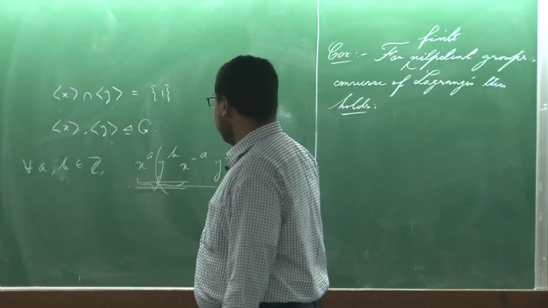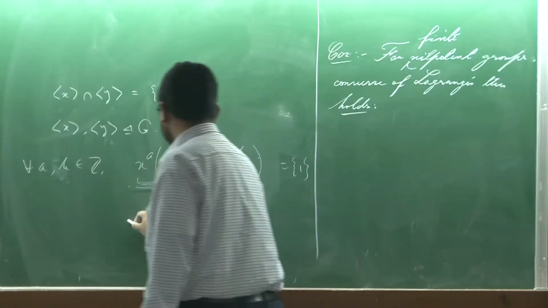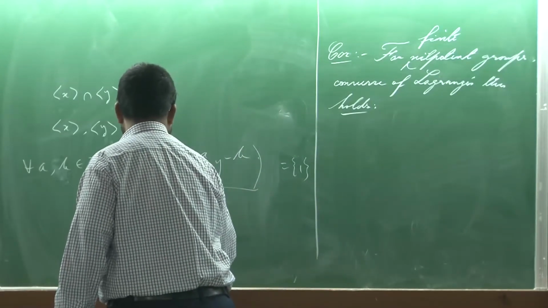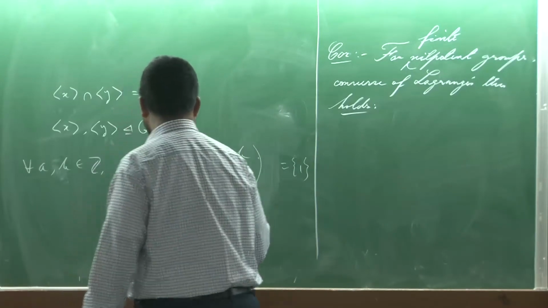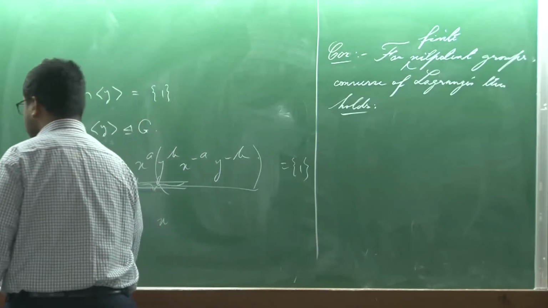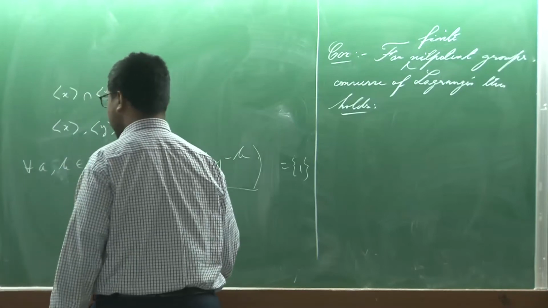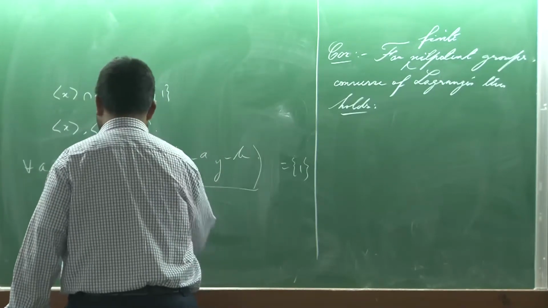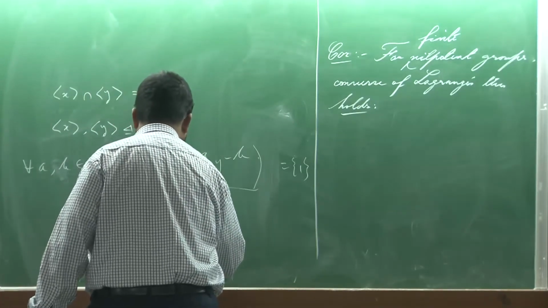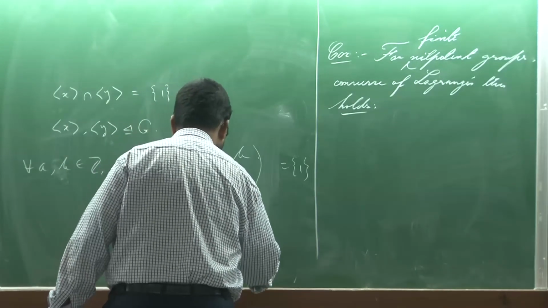Therefore this product lies in their intersection, hence it has to be trivial. Thus any power of x commutes with any power of y. That's the main thing we have proved now.